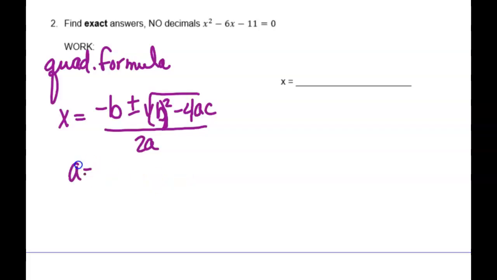So for our example, we have A is 1, B is -6, and C is -11. So we will have the opposite. Whoops, what did I write here? That's supposed to be a 6, right?